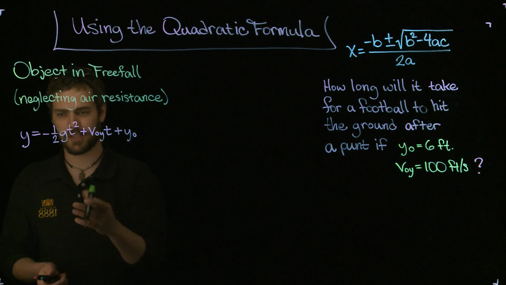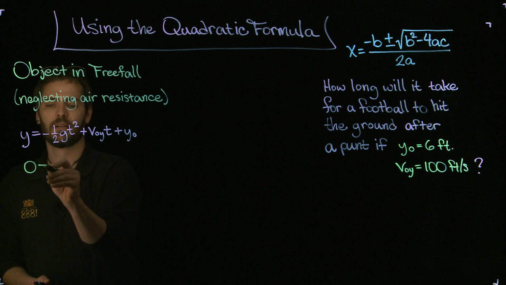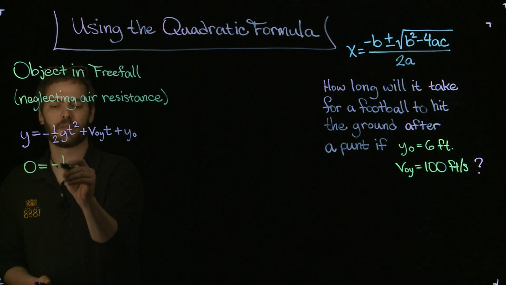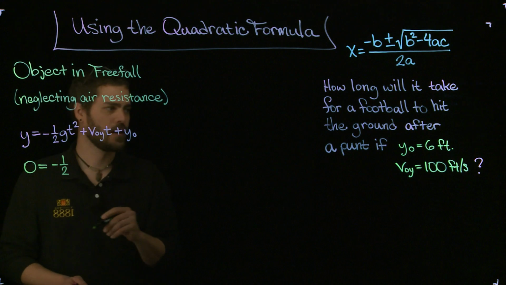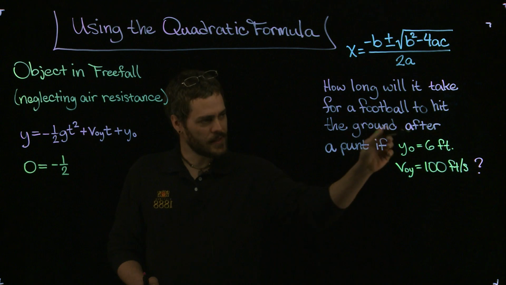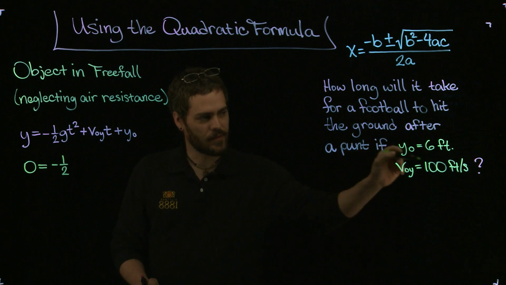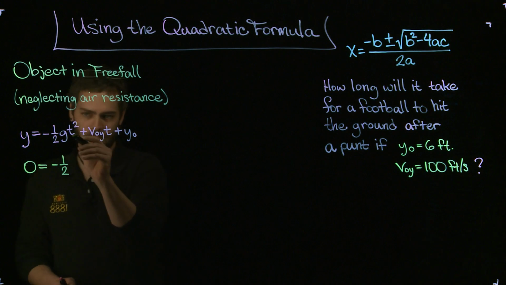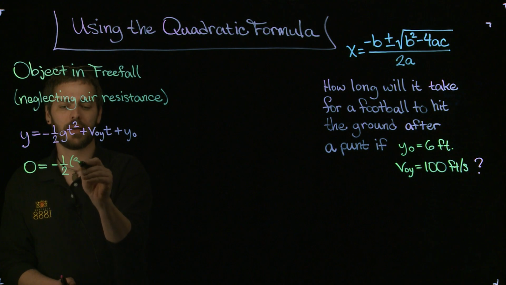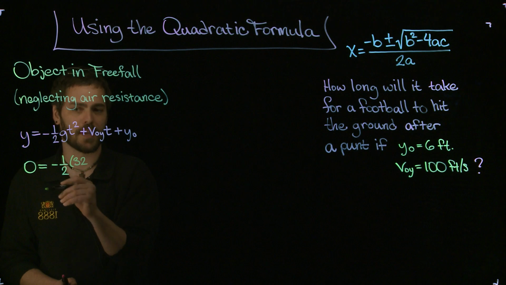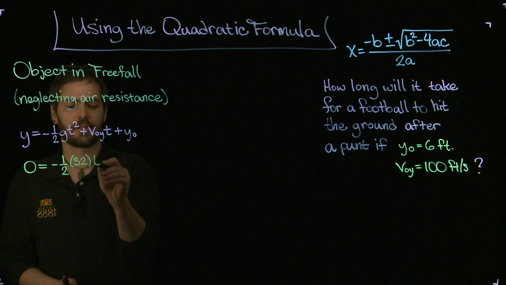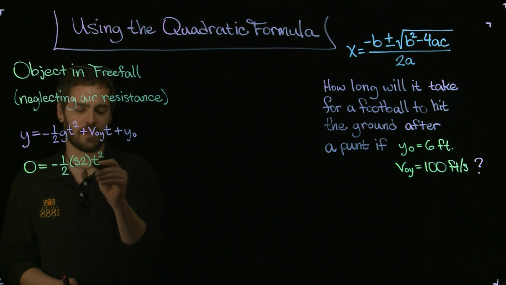Now I'm going to fill in the rest of the information. There's my 0 equal to -1/2, and the initial height is given in feet, the initial velocity in feet per second, so I'm going to use gravity as 32 feet per second squared, times my time squared. That's the thing I don't know, the time.